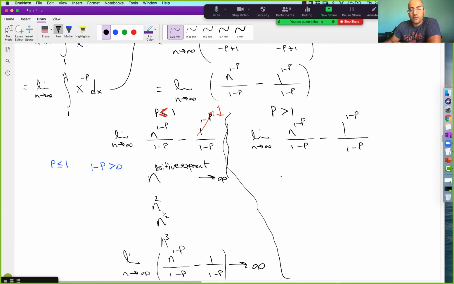If p is a little bit bigger than 1, then 1 minus p is going to be a little bit less than 0.